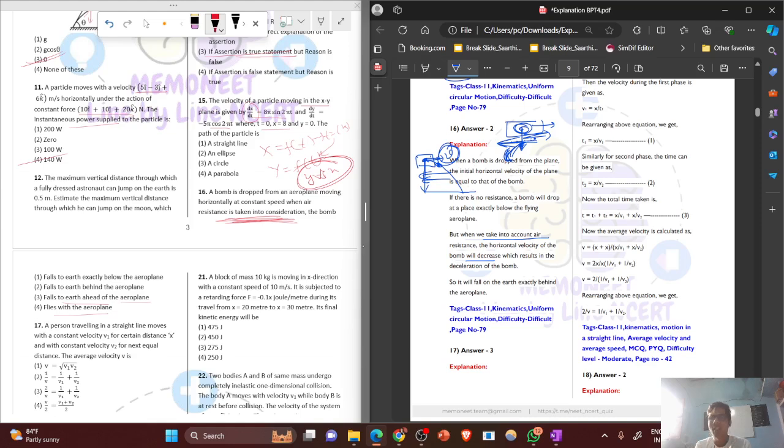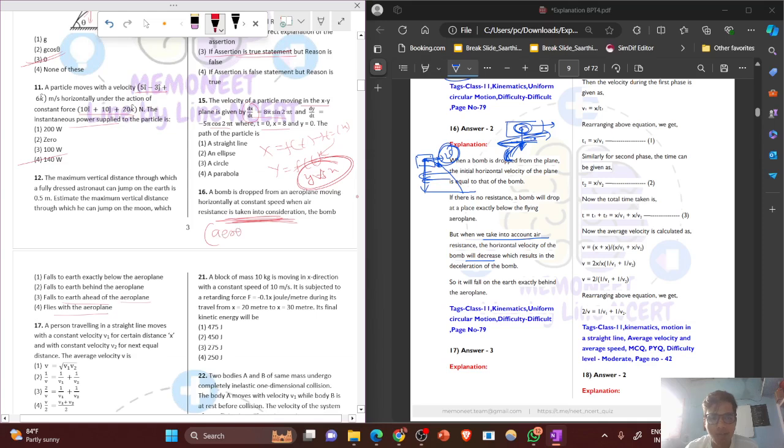But when you look from the ground, I am giving the explanation. Don't just remember the answer. Just understand the explanation so that in exams you can think. When you are on the ground, the ball first follows the parabolic path, and if due to air resistance the horizontal velocity gets cancelled, it can fall exactly down. It depends on the frame. According to the given answer, they are taking the aeroplane frame.